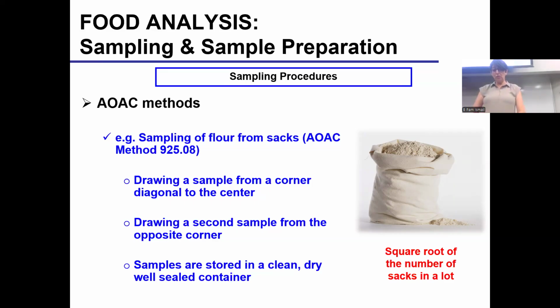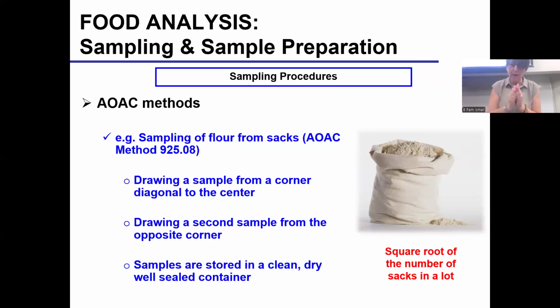You can't analyze all 100 bags, but what you can do is take the square root of the number of bags. So if you have 100, you pick 10. And the way you pick them is randomly with statistics. You give the bags random numbers from a random number table, and then you select 10 random numbers.